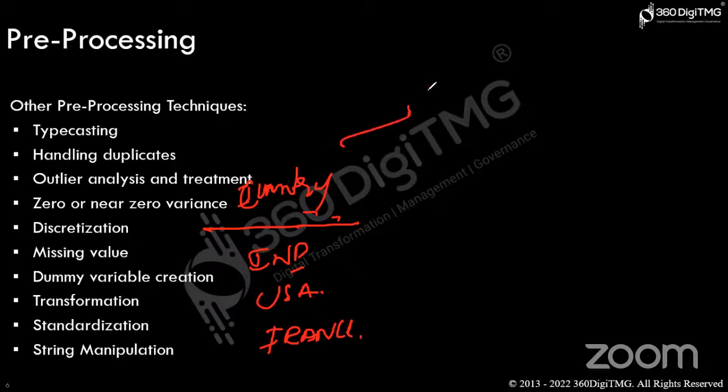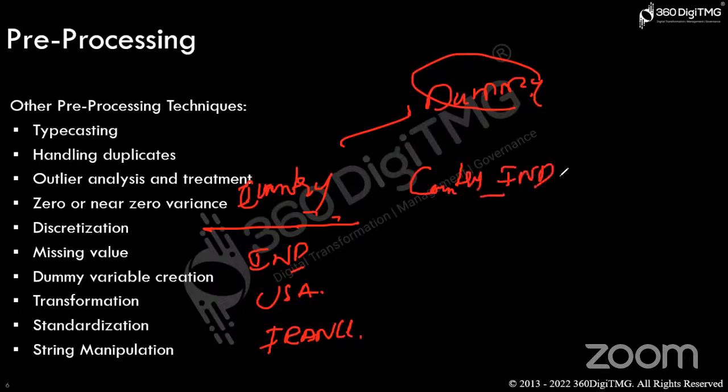Whenever you use the dummy variable, three new columns will be created: country underscore India, country underscore USA, country underscore France.